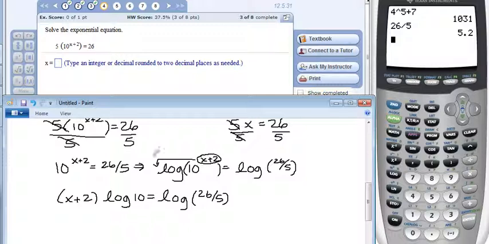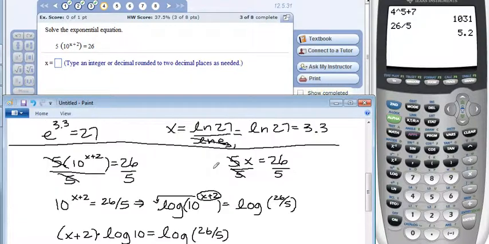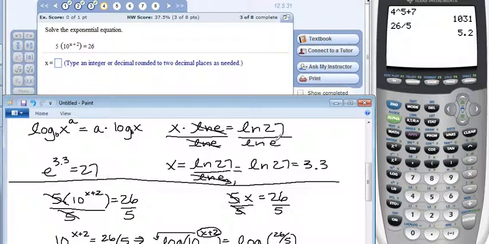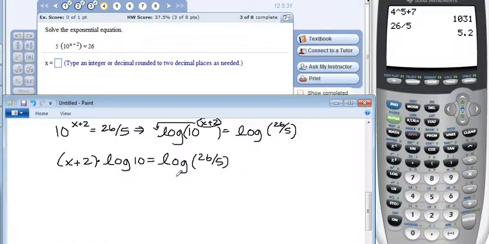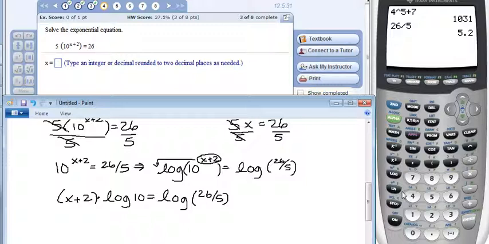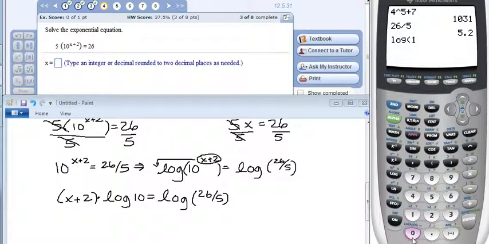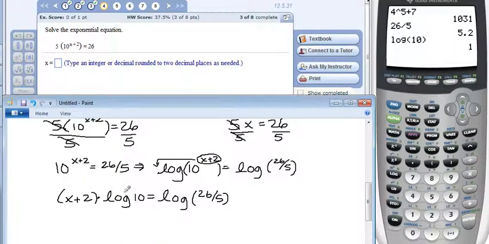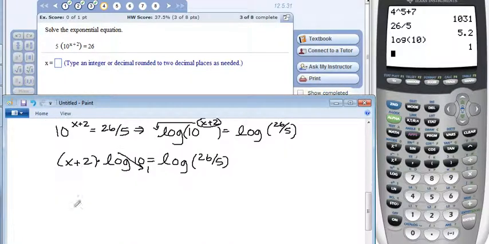So this x plus 2 drops down, so it's not in the exponential spot. Now, why did I choose the natural log up there? Because the natural log of e was 1. Why did I choose the common log here? Because the common log of 10 is 1. So this is just a 1 again, and anything times 1 is itself. So that's just going to help.